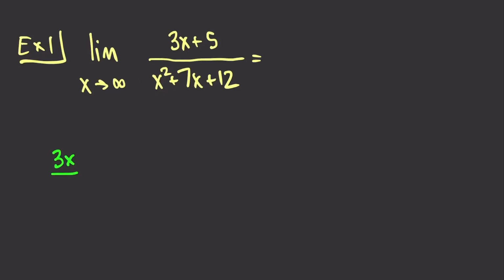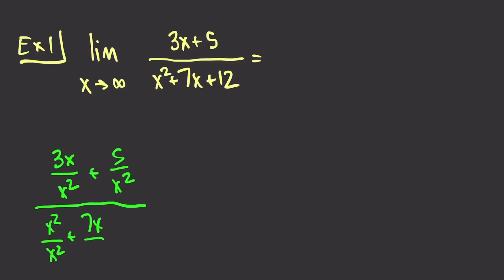Really what we're doing is taking this expression and multiplying it by 1 over x squared over 1 over x squared. This is just a little bit of a shortcut. So it's going to be 3x over x squared plus 5 over x squared, all over x squared over x squared plus 7x over x squared plus 12 over x squared.